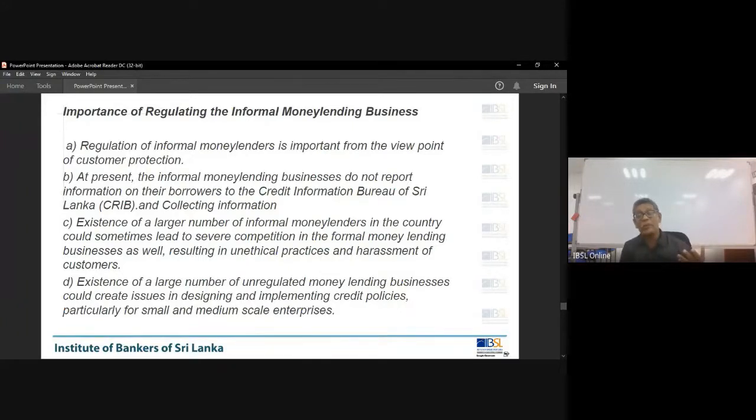One way to improve our customer protection, right? At present, a lot of informal money lending businesses do not report information on their borrowers. They are not compelled to do that. They won't give the information to the Credit Information Bureau.